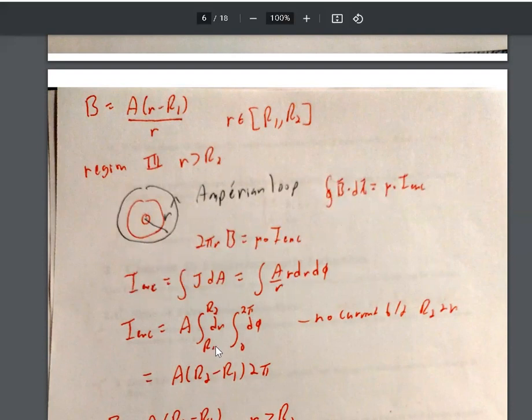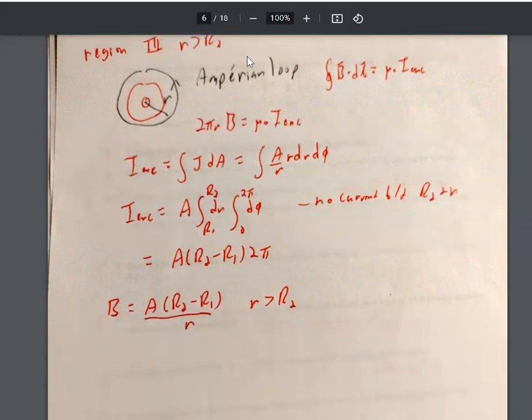And this time we go from R1 to R2 because that's where all the current is. There's no current in between R2 and lowercase r, so we don't have to integrate over that part. So if we actually perform this integration, this gives us a current of this. We can plug that into our Ampere's law and solve for the magnetic field, and we get this.